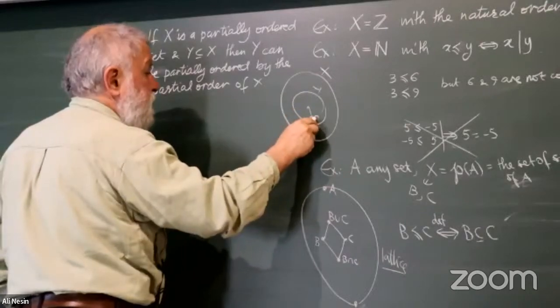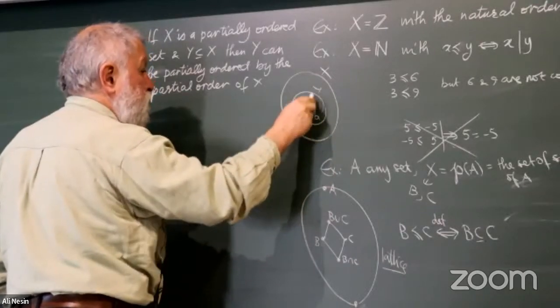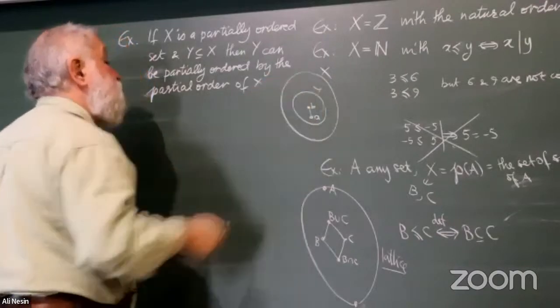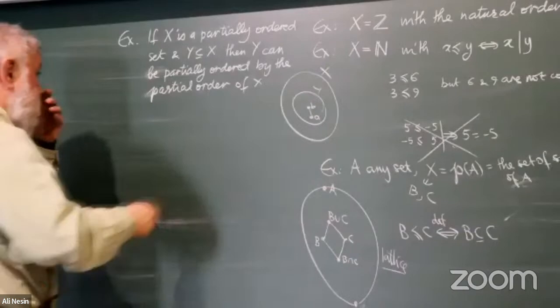You say A is less than or equal to B in Y if and only if A is less than or equal to B in X.